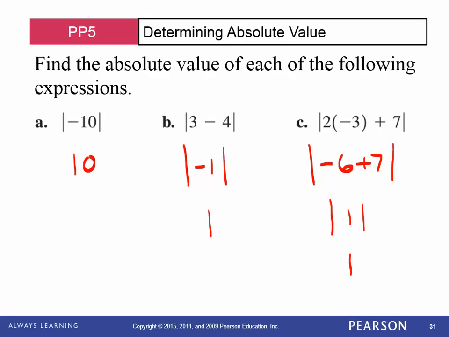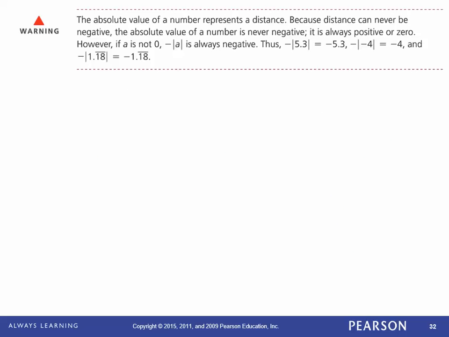Alright, in the textbook also, I kind of like these, they give you these little warning symbols. As you look at this warning symbol, this is usually where students get something wrong, or it's a problem area for students. So it tells you sometimes, hey, the absolute value of a number actually can still have a negative value at the end. And the way we make a negative value of something, we put a little negative in front of the absolute value.